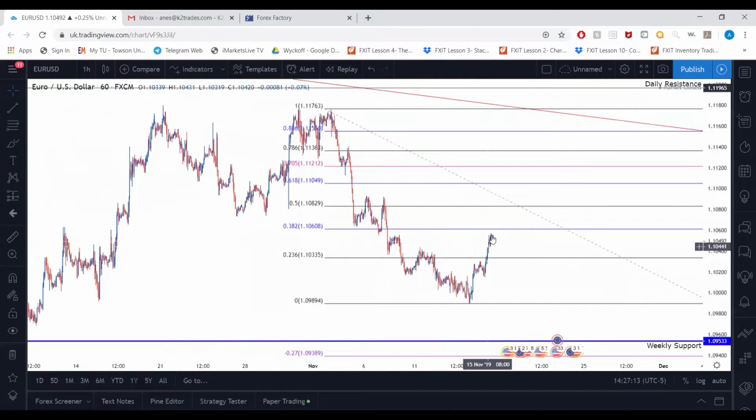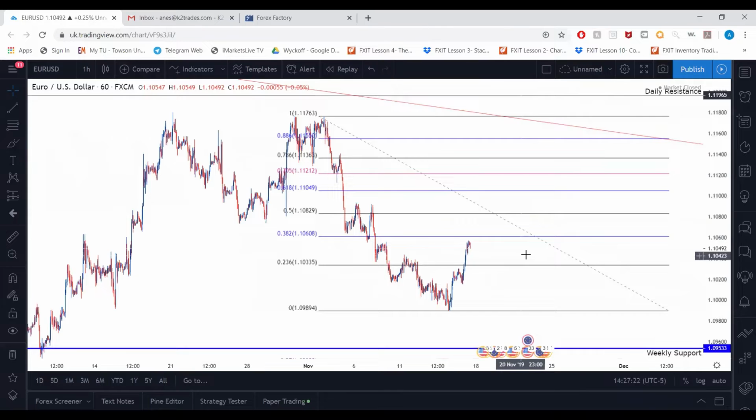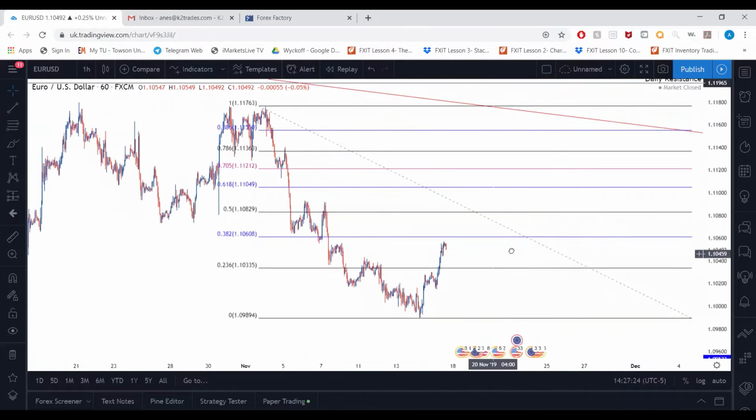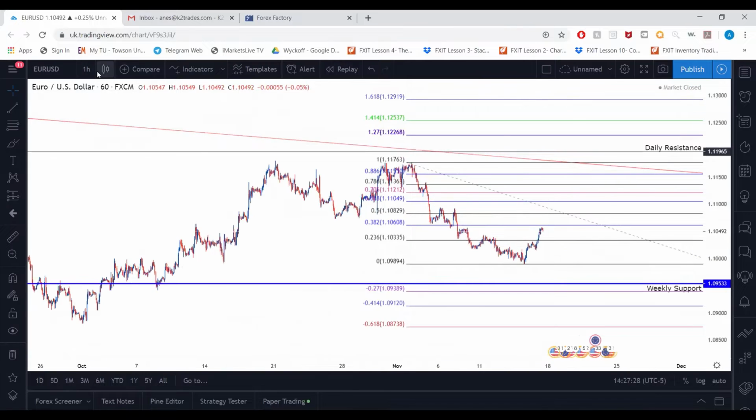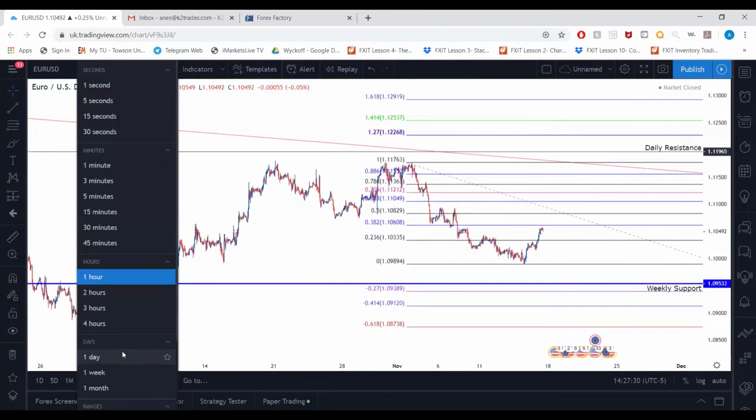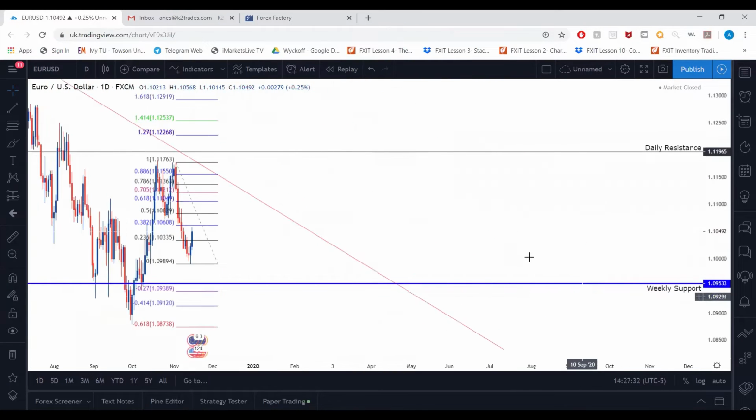But it is possible to come back down, and I guess this can be considered 1 hour support. I don't usually use that because it's not strong validation. But long term, I am favoring recovery on Euro USD.